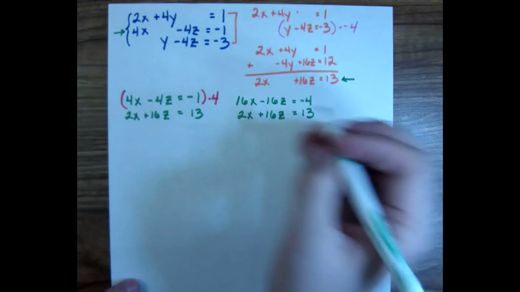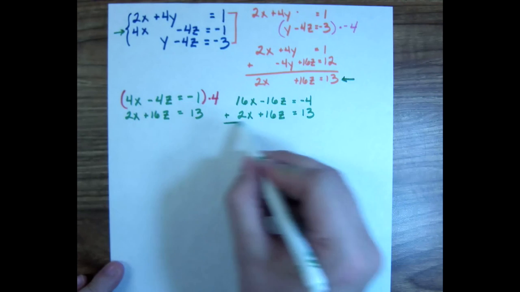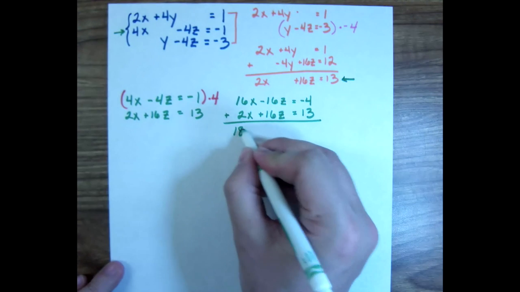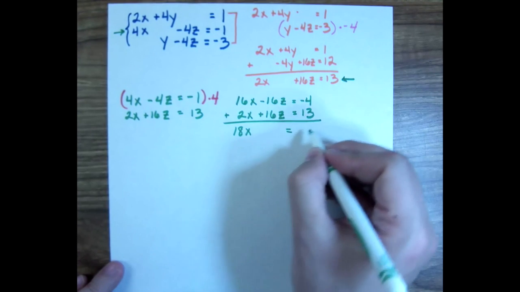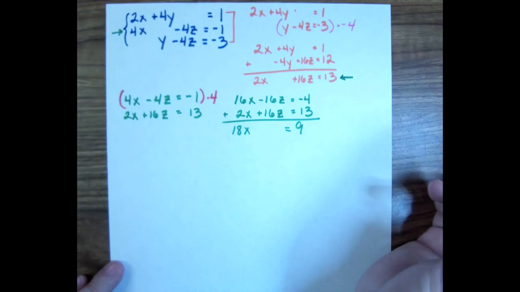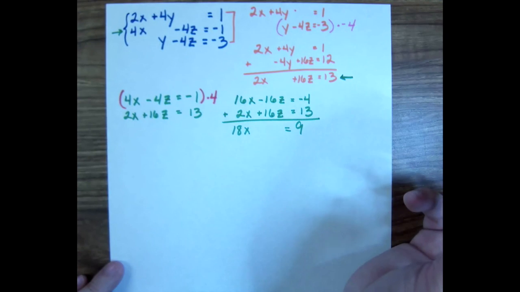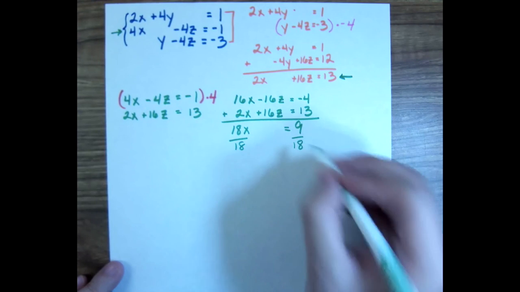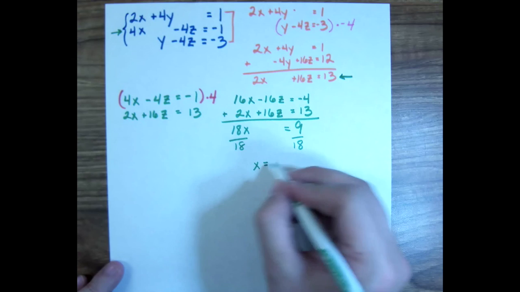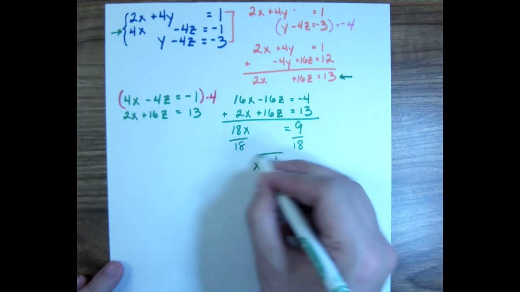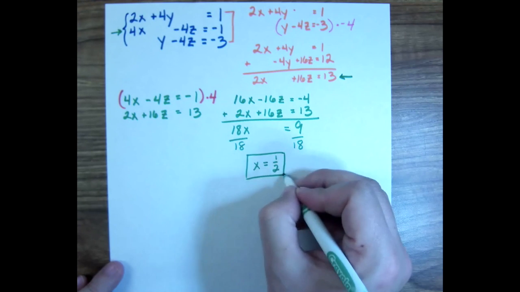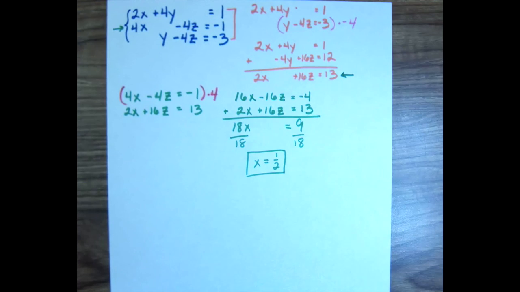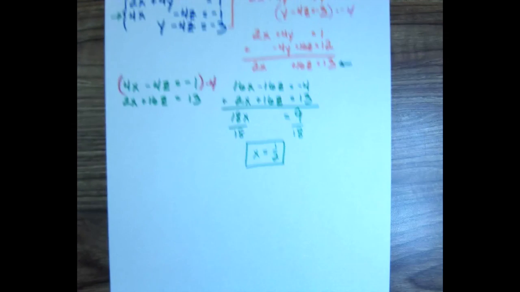Let's just add them. So that gives me 18x equals 9. Divide by 18. 9 over 18, don't write 2 for God's sake. 9 over 18 is a half. 1 over 2, or 0.5 if you're nasty.